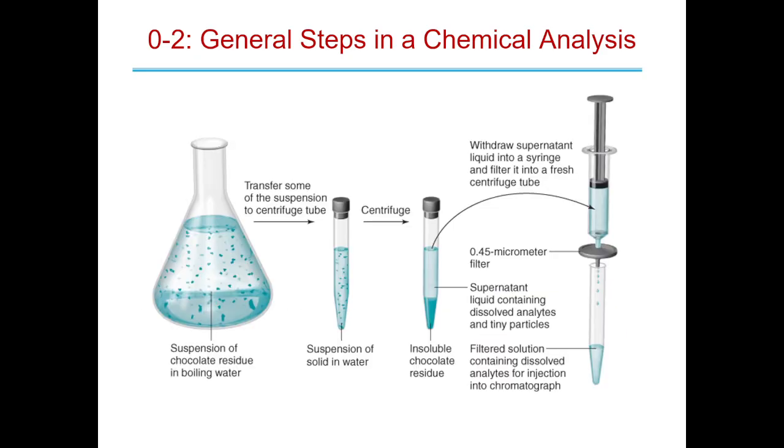Okay. Again, this would then be extraction of the caffeine from that residue. We'd get that into something that we can boil the water in. We put it with boiling water. The boiling water will speed up the extraction. We take that extraction. It's going to have some solid particles in it. So we'll need to centrifuge it down to get rid of the solid particles and get the liquid portion. We'll withdraw the liquid portion.